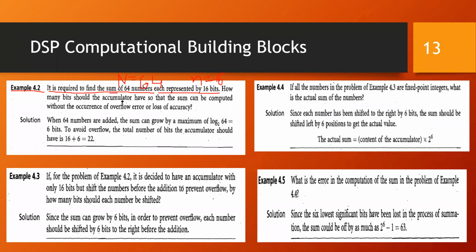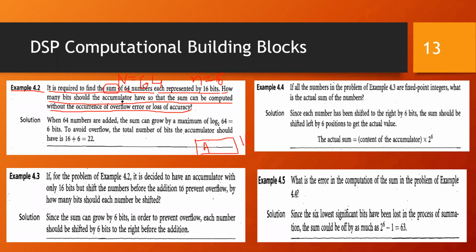So you are doing addition. How many bits should the accumulator have so that the sum can be computed without the occurrence of the overflow error or the loss of accuracy? Now, if I assume that I am adding 16 bits, let us assume that the accumulator is also 16 bits.